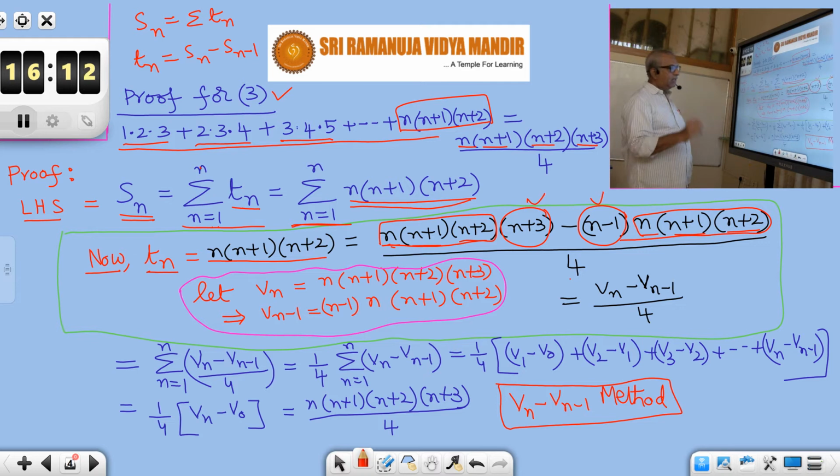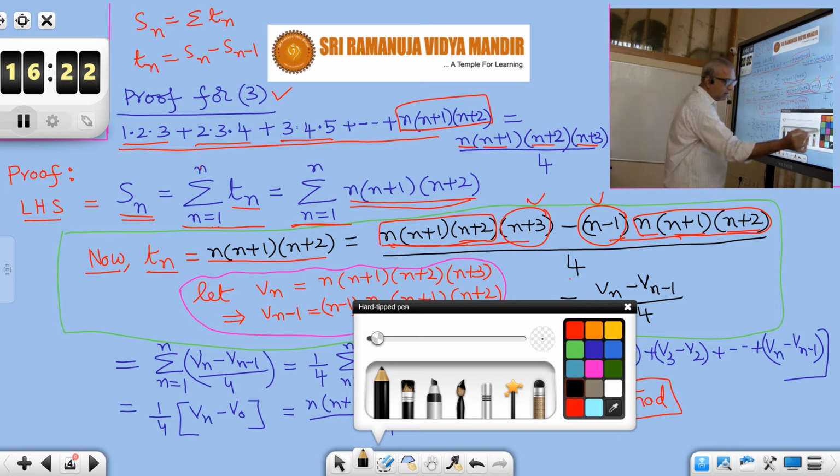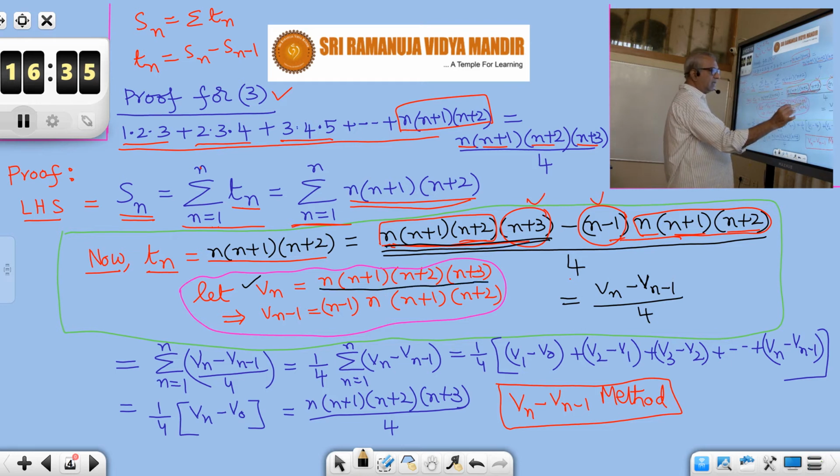Now the important thing is, in the numerator, something minus something is there. First something, let us take it as Vn. What is that Vn? n into n plus 1 into n plus 2 into n plus 3. If that is Vn, what is Vn minus 1? Vn minus 1 is just obtained by replacing n by n minus 1 in the formula of Vn. So in place of n, you put n minus 1.